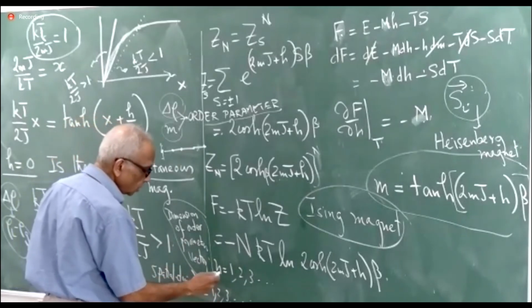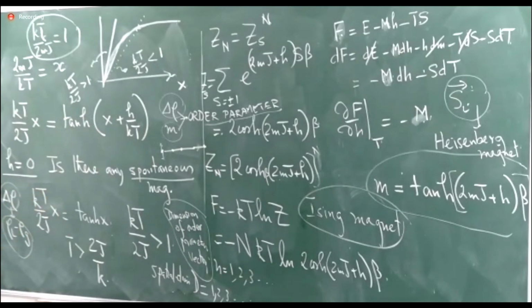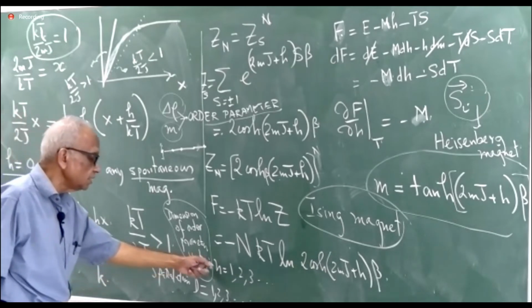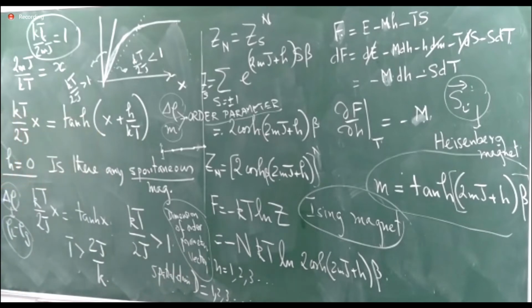D equal to 2 again can have n independently 1, 2, 3, and so on and so forth. So things like the critical exponents would be, you will find, determined entirely by the two dimensions n and d.